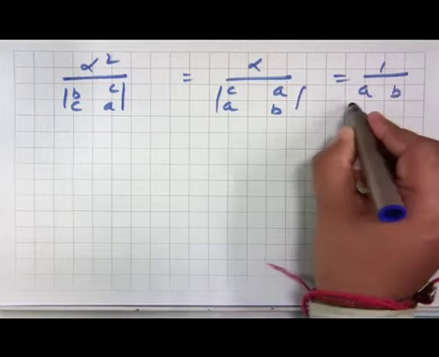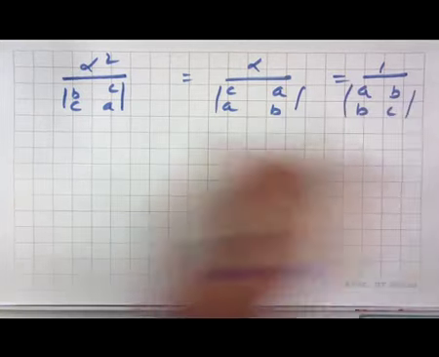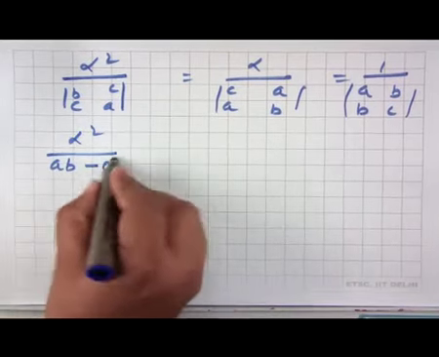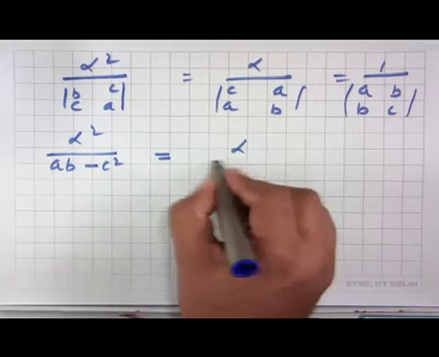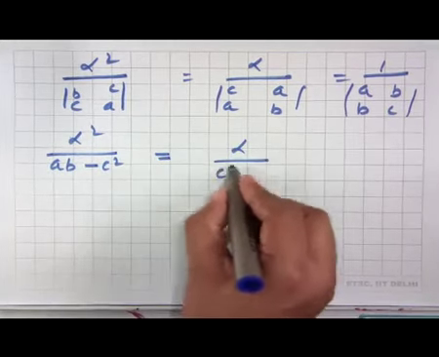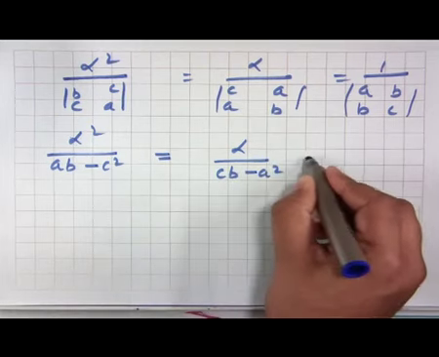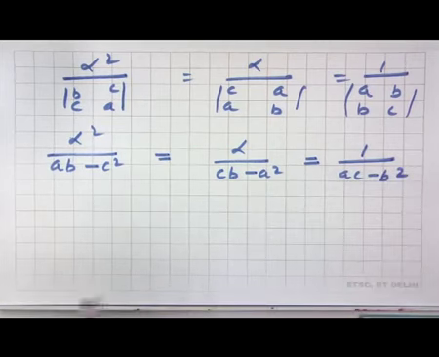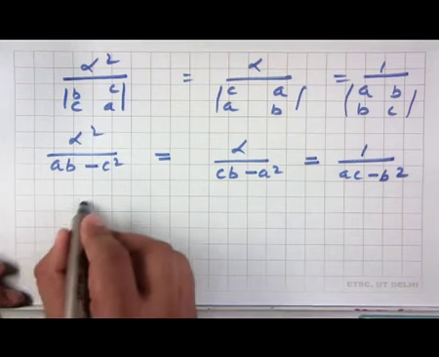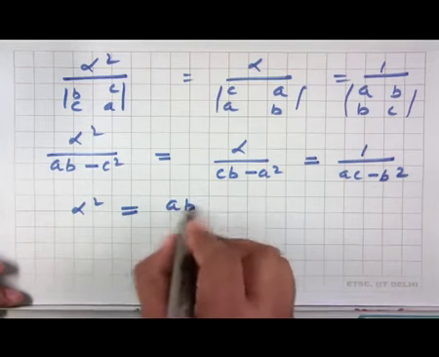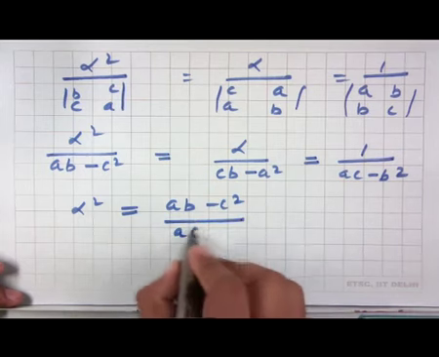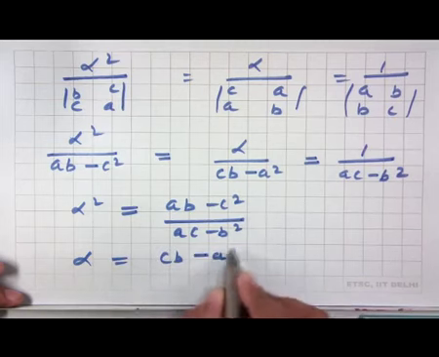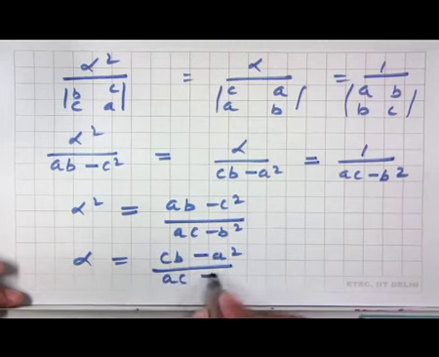Alpha square equals ab minus c square, and alpha equals cb minus a square, and 1 of ac minus b square. Alpha square equals ab minus c square over ac minus b square and alpha is cb minus a square over ac minus b square.